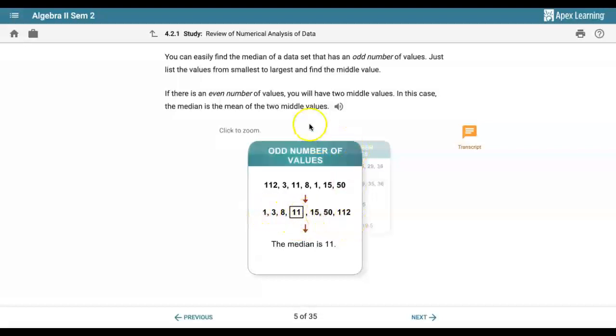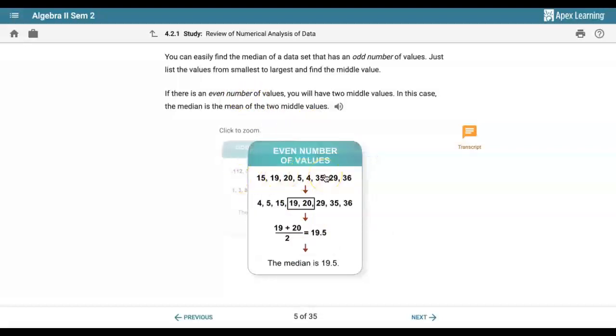The issue becomes when we have an even number of values. When we rewrite them, for this one we have 2 middle values here. So what we have to do is take the average of the 2 middle values. We add them together and divide by 2. So our median here is 19.5.